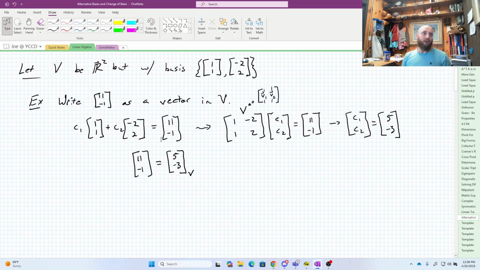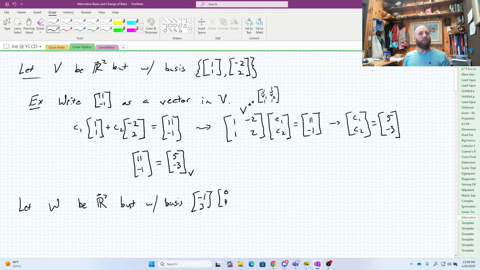Let's take another example. Let a space W be R2, but with a basis of, let's see, what was my basis I wanted to use? (-1, 3) and (0, 4).